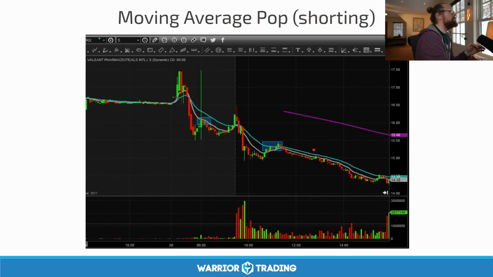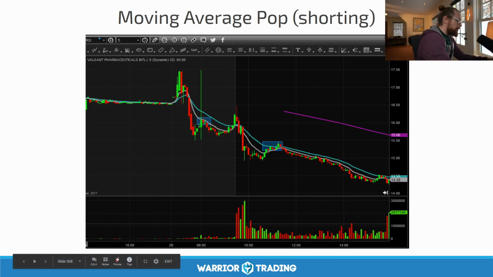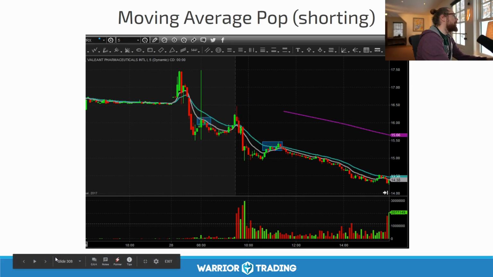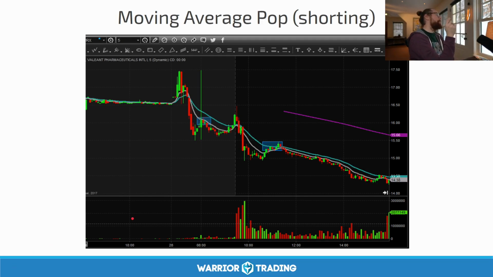And this is another sort of moving average, not a moving average pullback, but a moving average pop, where it curls up to the moving average here and then kind of fades off that level. So whether it's a moving average pop or a VWAP, the volume weighted average price, we're going to talk about pretty extensively when we get into a couple of our classes specific to trading VWAP breakouts and VWAP fades and dips off the VWAP.